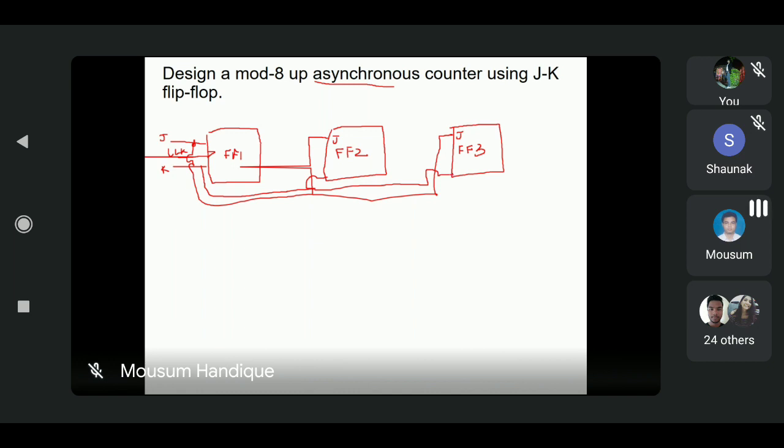Okay. And this one is what? This one is the Q1, and the second one is the Q1 bar.